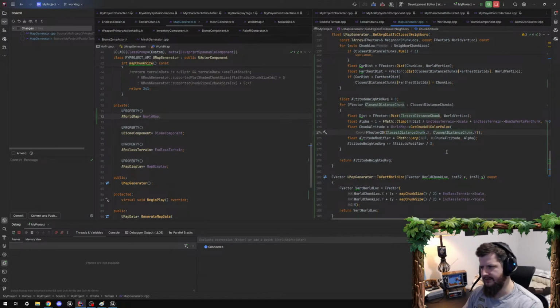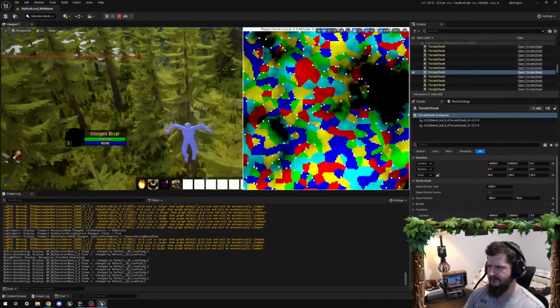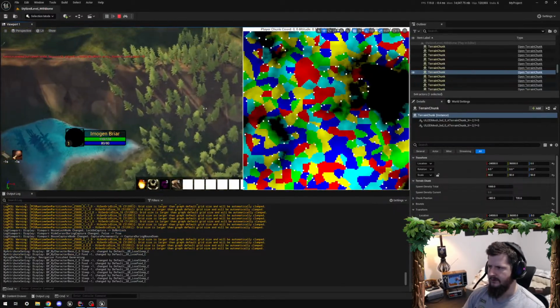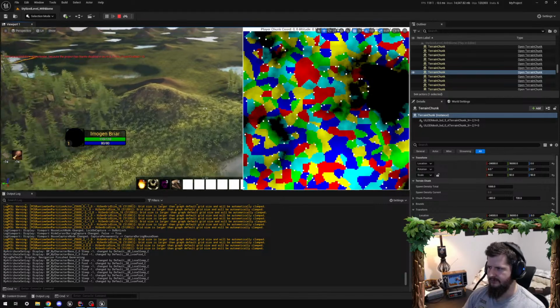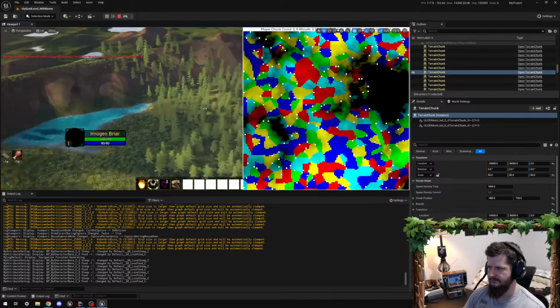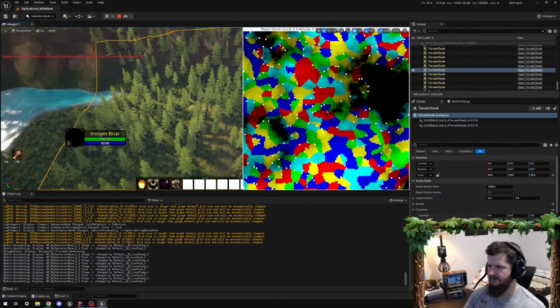So why is it doing it in such a small distance? I mean, I guess it's not really applying to any of the chunks, except for chunk 0.